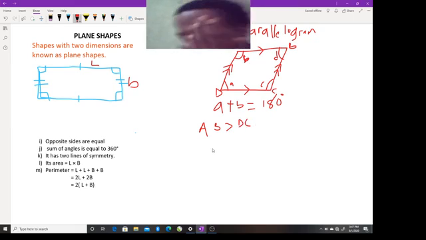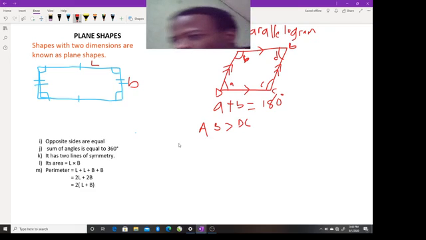Likewise, AD and BC, they are parallel and equal to each other. That is two properties I mentioned. Now, because it's a quadrilateral also, the sum of the four interior angles will give you 360. It has no line of symmetry.